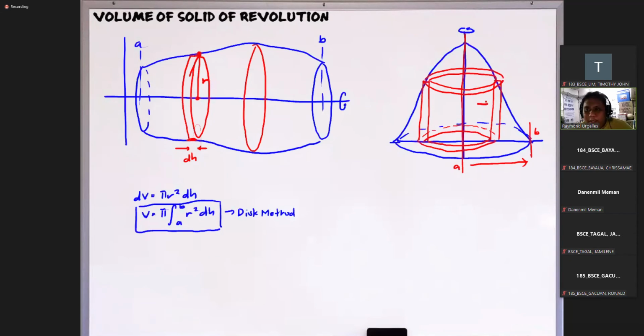Itong thickness na to, ito yung gagawin natin as dr, kasi ito yung radius. Yung thickness na to is the change in the radius, so therefore that's dr. And the height, tawagin natin as h. Makikita natin na distance lang siya mula sa curve papunta dun sa axis natin. Kaya yan yung magiging h natin. Makikita natin yan from the figure, dun sa problem.